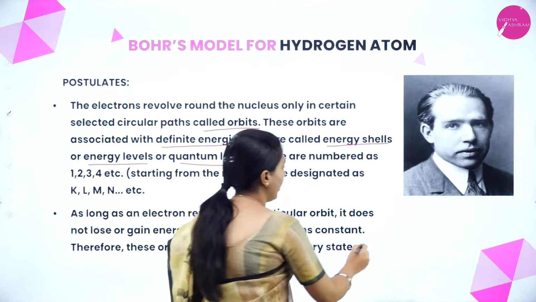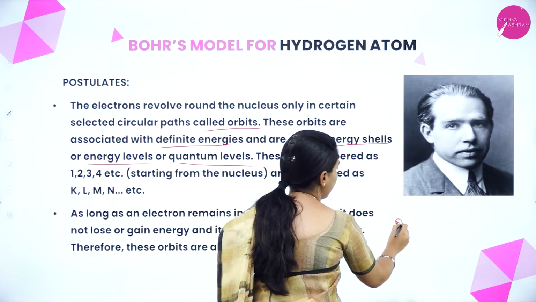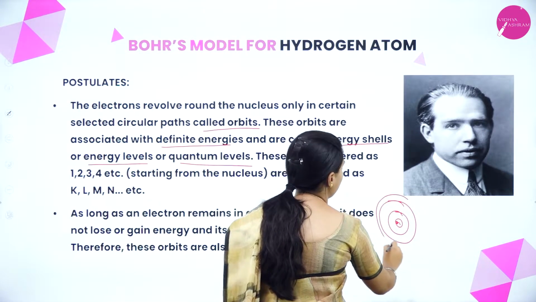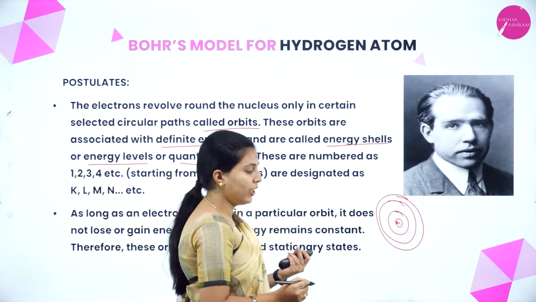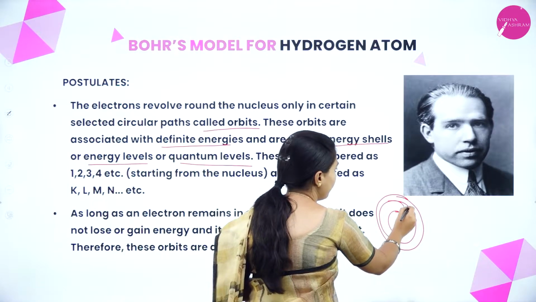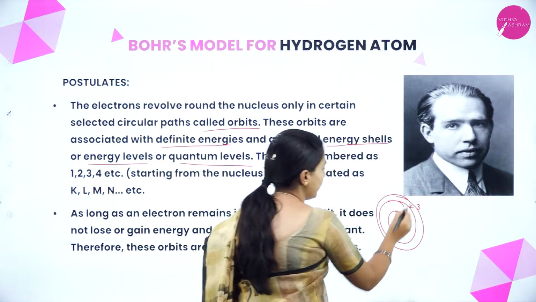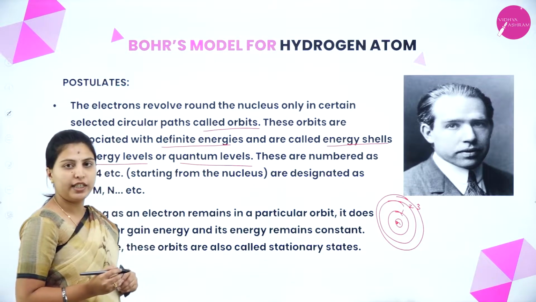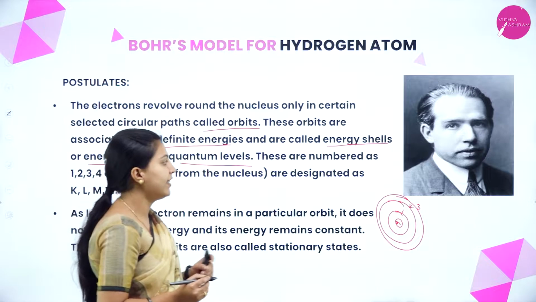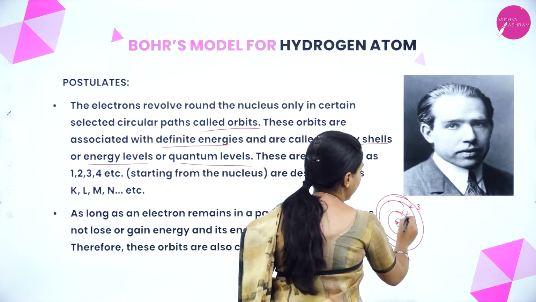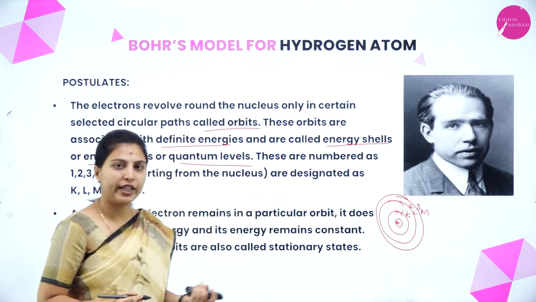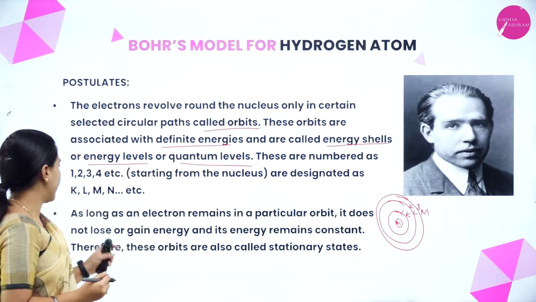This is the nucleus; we have to number from the nucleus. This is 1, this is 2, this is 3, like that, starting from the nucleus, and they are designated as K, L, M, N, and we can go further also, etc.